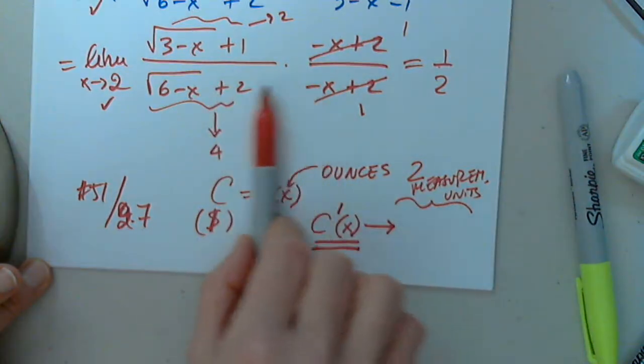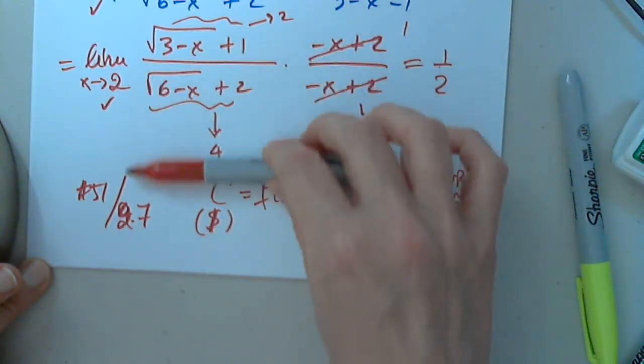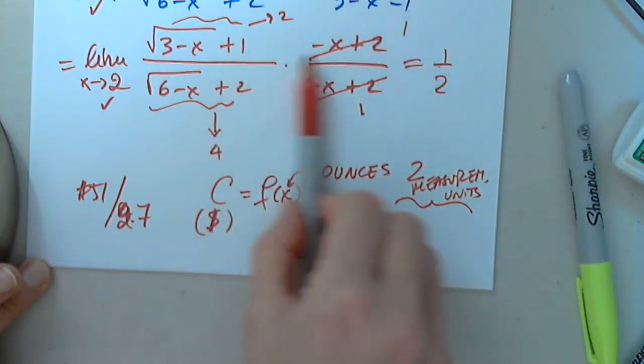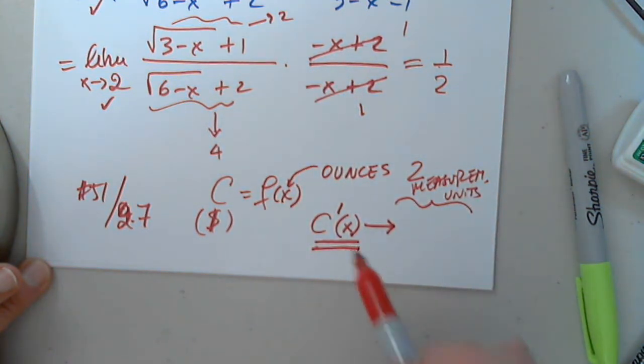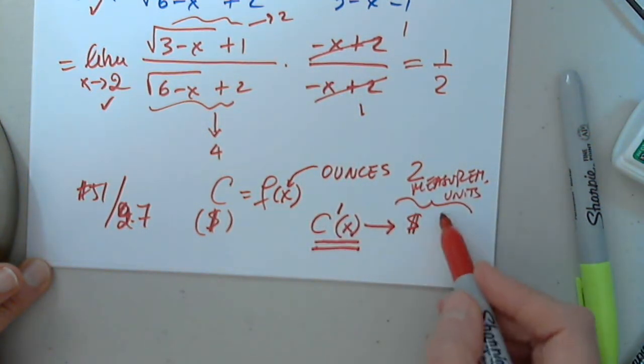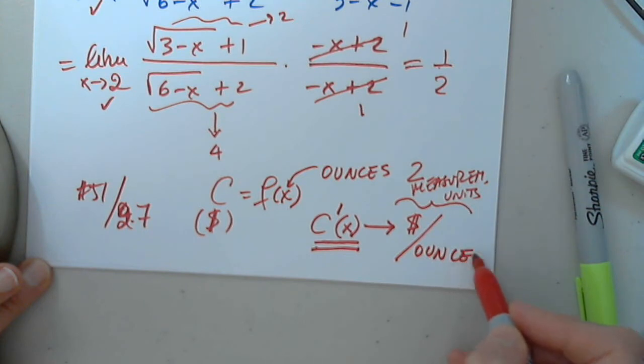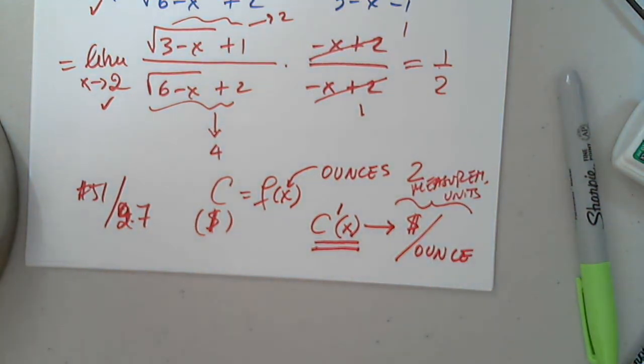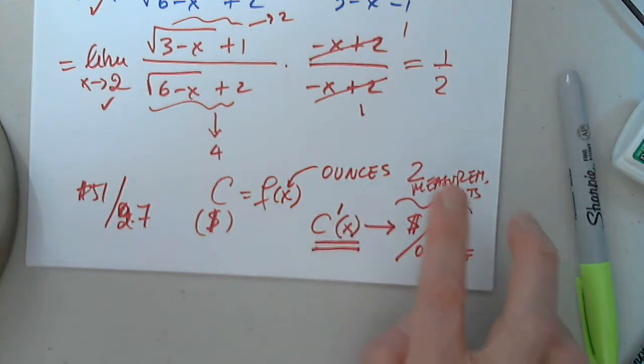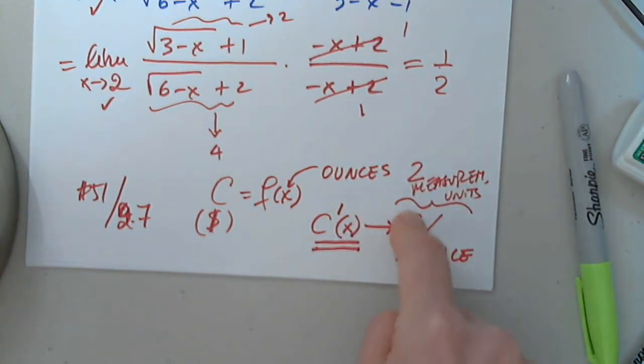Rise over run. Rise, measurement unit of y, run, measurement unit for x. So this has to have measurement unit dollars per ounce. Remember, for the rate of change, always 2 measurement units. One for the y variable and one for the x variable. Okay, back to sharing here.